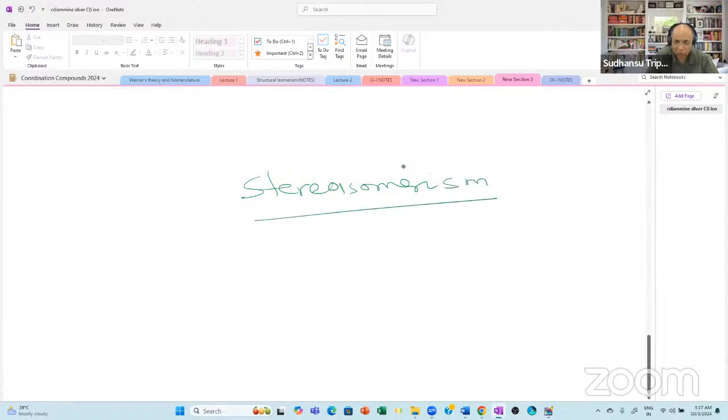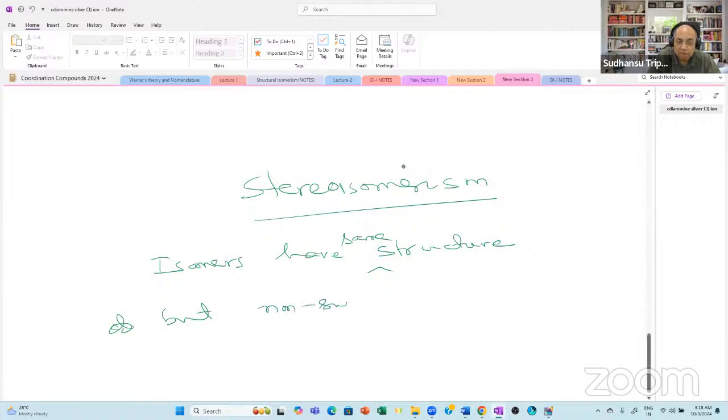As you know, what are stereoisomers that you have already learnt in organic? That the isomers have same structure, but I straightway write non-superimposable.